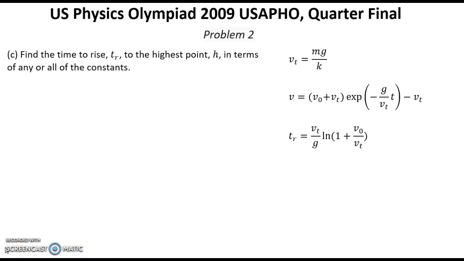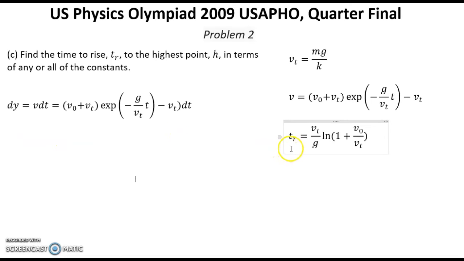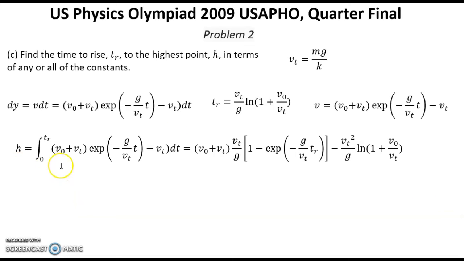And now we can find the total height h. We just need to integrate this expression, and the integral will be from 0 to h, and here from 0 to tr. Let's do this. This is our calculation. We have height h equal to the integral from 0 to tr of this expression, which will give us this expression.